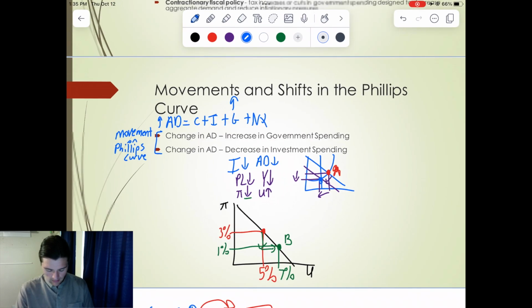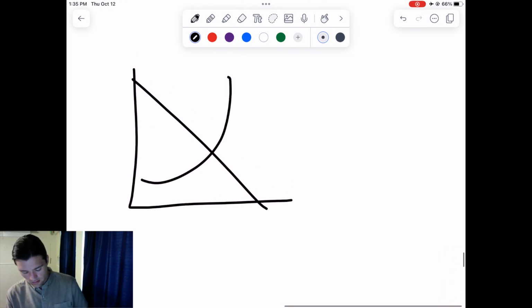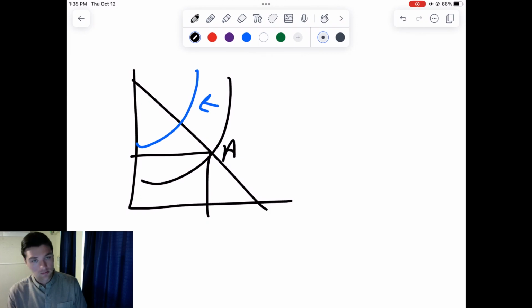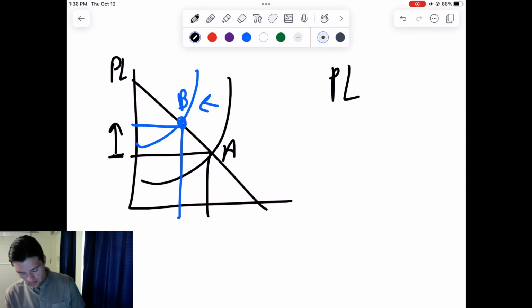Okay. Let's look at a change in supply. So if we were to change supply, such as maybe to the left, as we can see here, you were here at A, but then after the change in supply, you're here at B. So price level goes from here, goes here, so price level goes up.